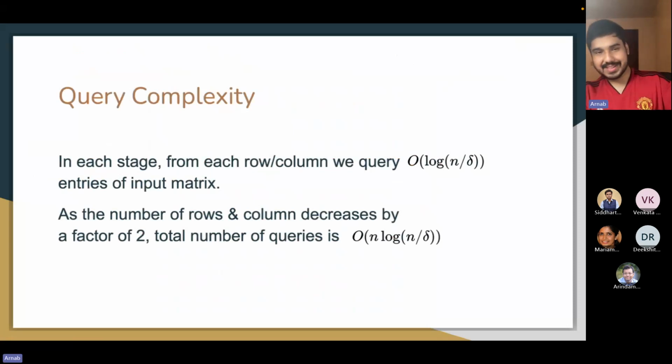It's also easy to see that the number of queries we take will be n log n, because in each stage, if there are n rows and n columns, we are taking essentially order n queries. If you do the math, you can show that the number of queries is n log n, because in each stage the number of rows and columns decreases by half. That's an easy calculation.